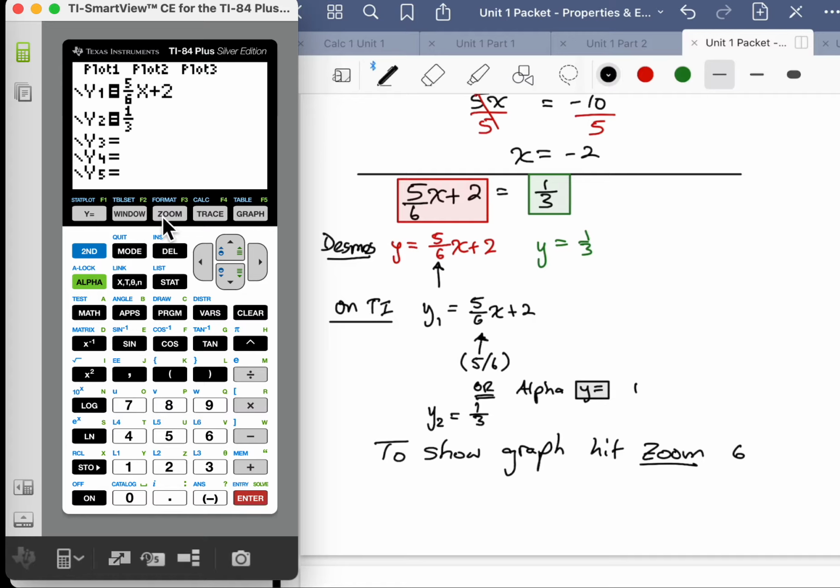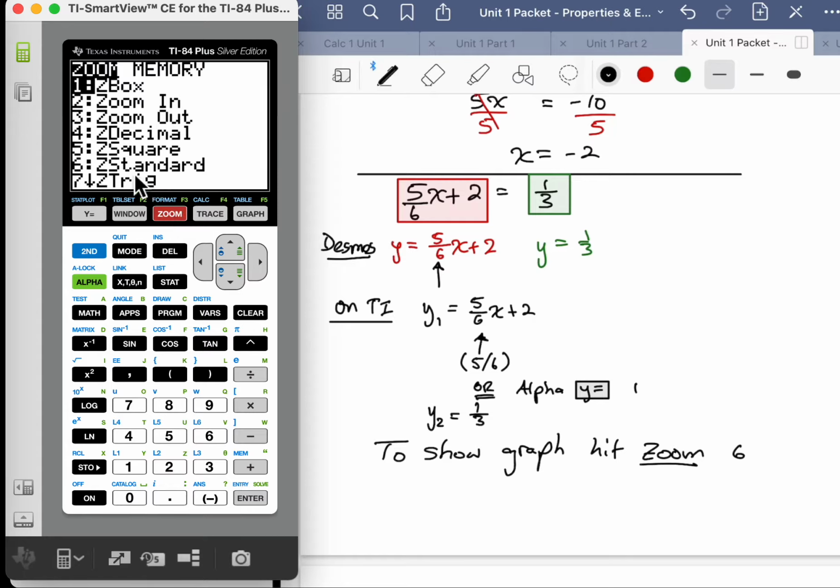We don't hit graph typically because graph will just bring us to the window that was used for the previous problem. If we hit zoom and then option 6, which says standard, that'll bring us to a nice negative 10 to 10 window for X and Y. So I'm going to hit zoom 6.